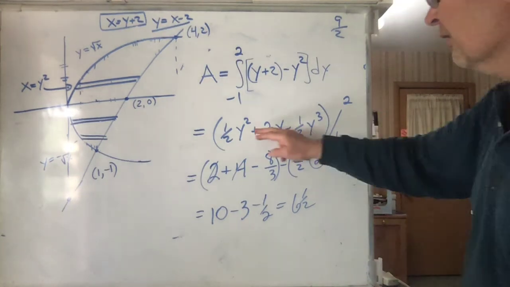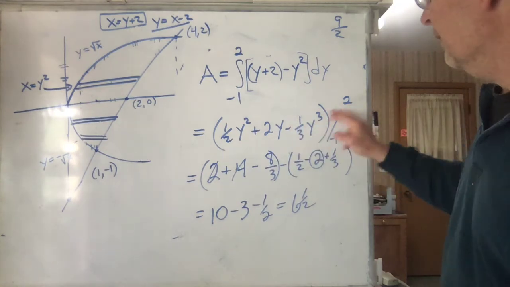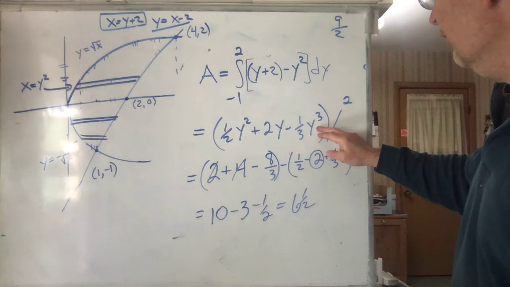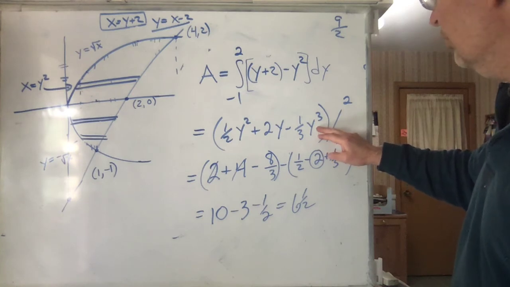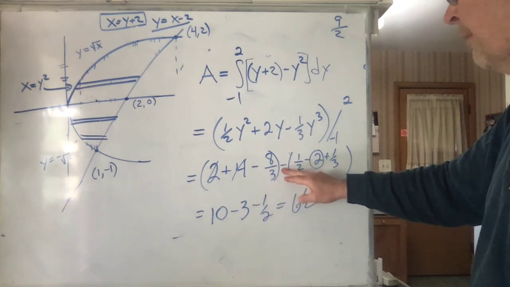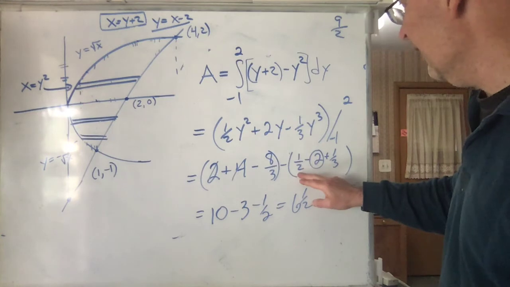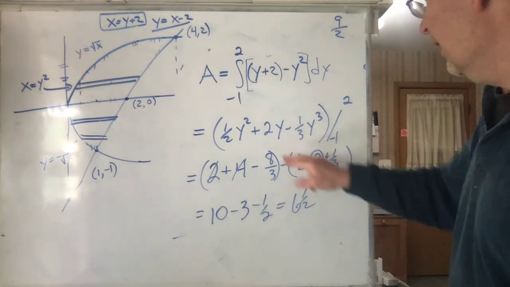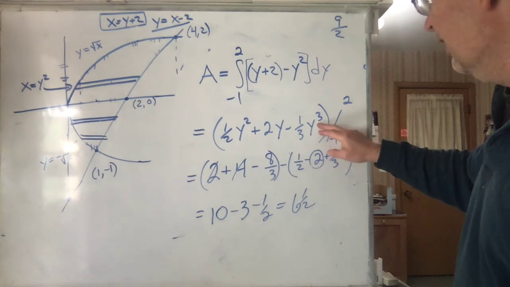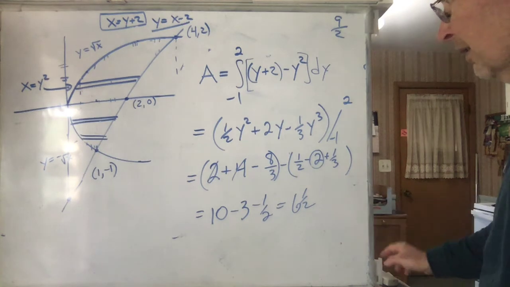Sticking a 2 here, you're going to get 4 over 2 is 2. 2 times 2 is 4. Here you're going to get 2 cubed is 8/3. So that's all correct. Minus, now you put in a -1. You're going to get a 1/2 here, a -2 here, and a negative times negative is going to be a positive 1/3 there.